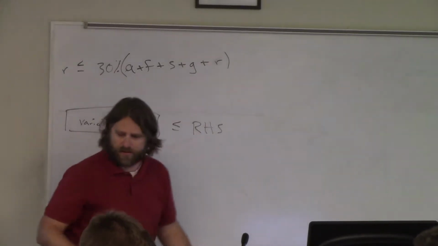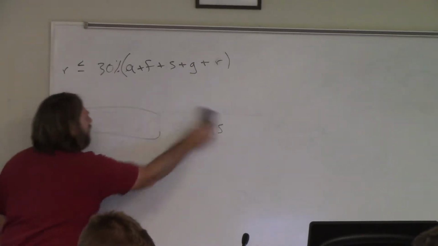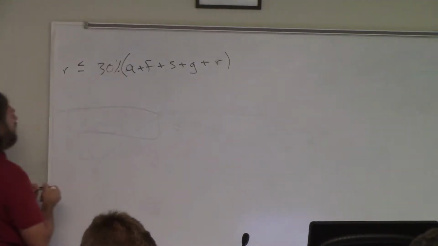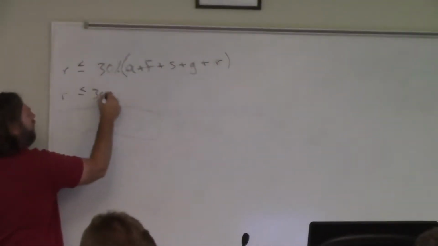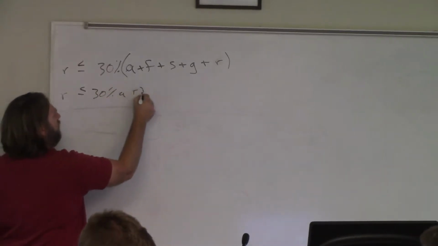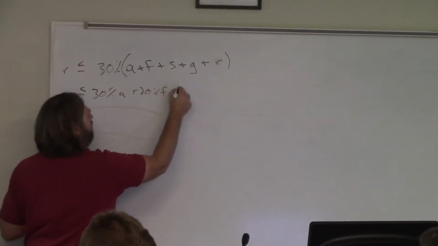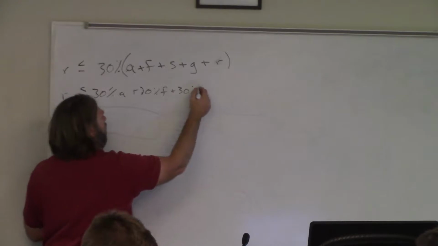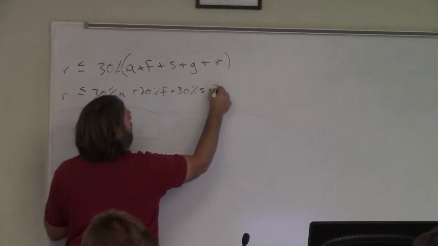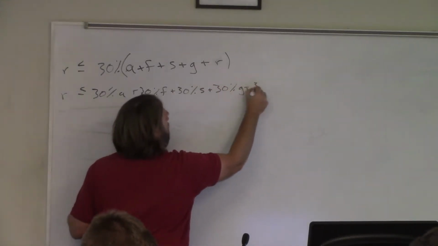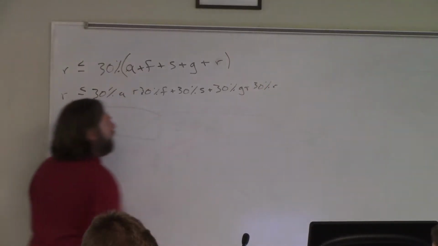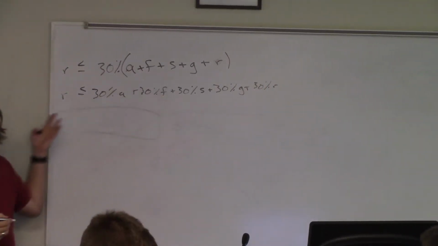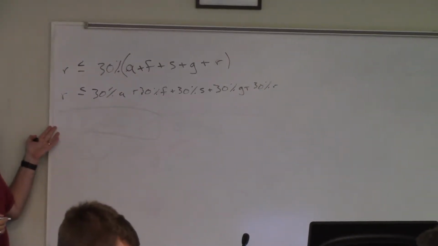So let's figure out how to do that real quick. So if we did this, R is less than or equal to 30% of A plus 30% of F plus 30% of S, 30% of G plus 30% of R, right? And now we can then subtract all of these, right?